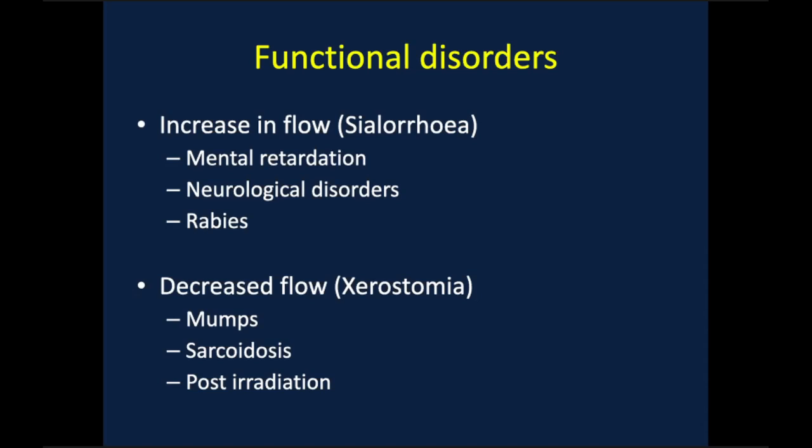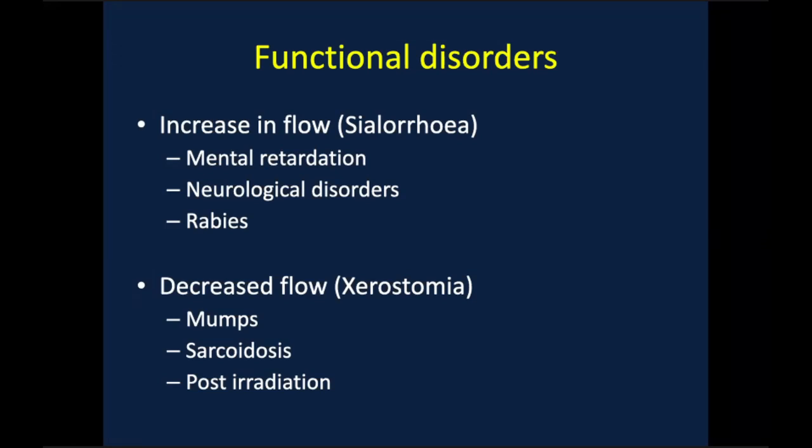For increased production of saliva, you see things like mental retardation, certain neurological problems, and rabies. At the other extreme, where you have less saliva production, there are conditions like mumps, which is an inflammatory condition, sarcoidosis, and radiation-induced changes in the salivary glands.